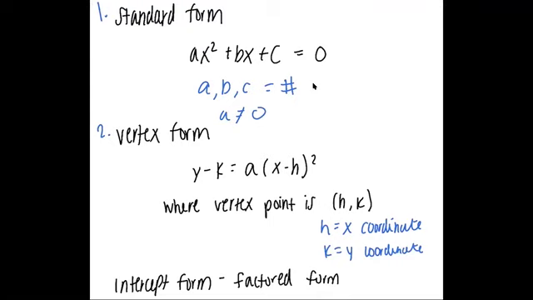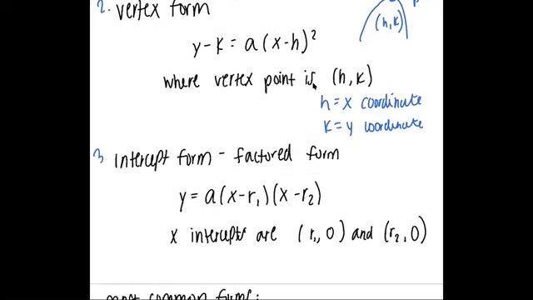If our graph looks like this, this would be our vertex point, and it is at some coordinate (h, k). And then finally, again, our intercept form. That is our factored form, right? We have y equals a times (x minus r1)(x minus r2).